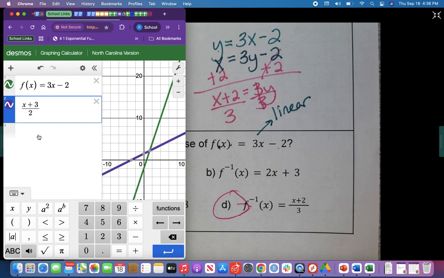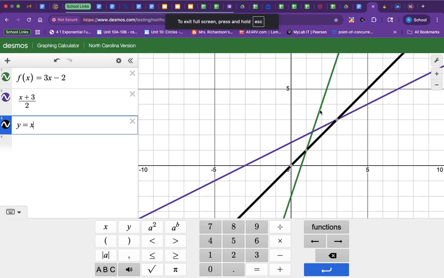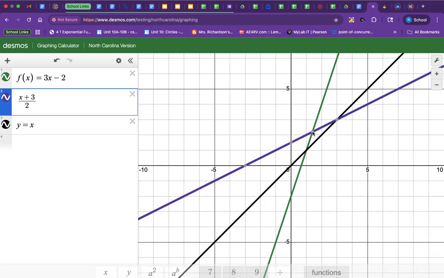All right. Oh, and let me go ahead and type in y equals x, the reflection line. So remember, I told y'all if we're talking about linear functions, they should intersect on the reflection line. These two do not intersect on the reflection line. They intersect right here. They would need to intersect on this black line, and they do not.